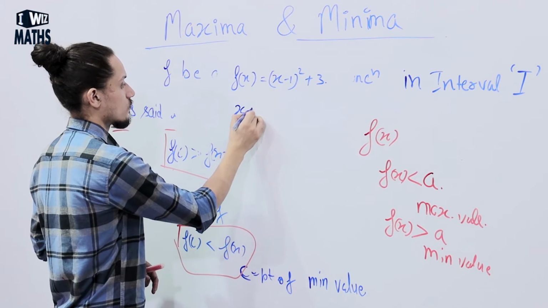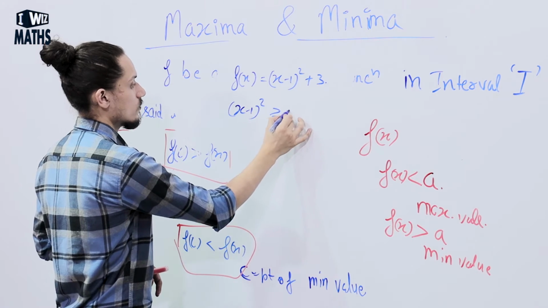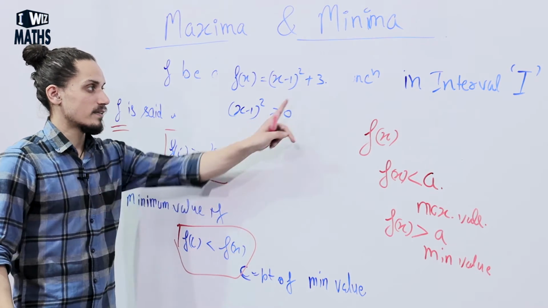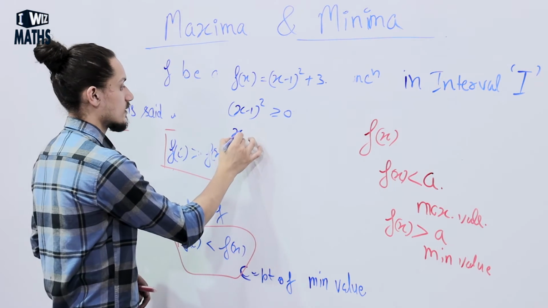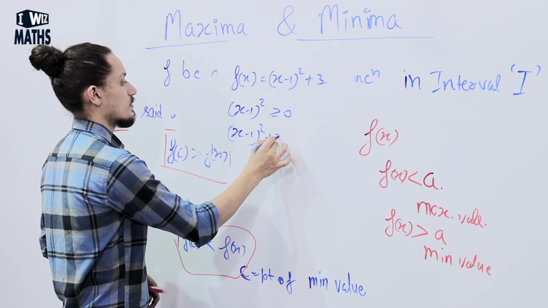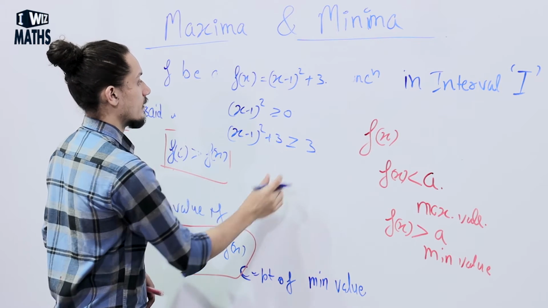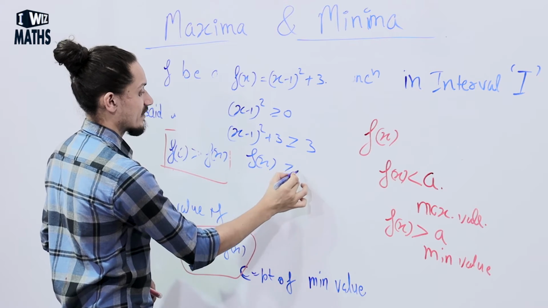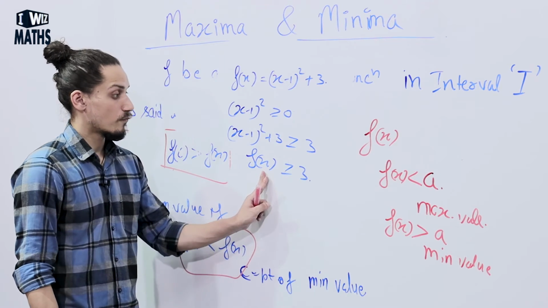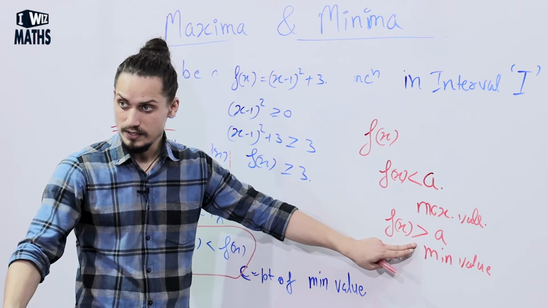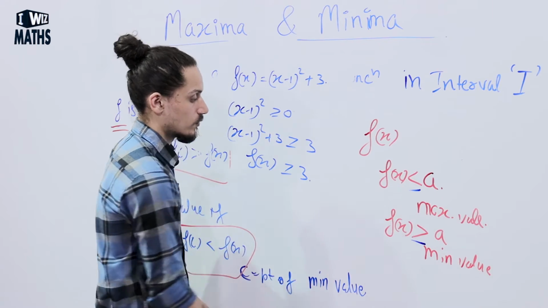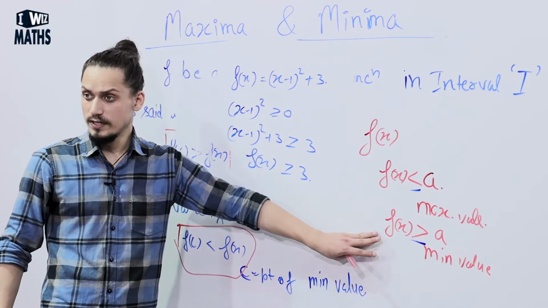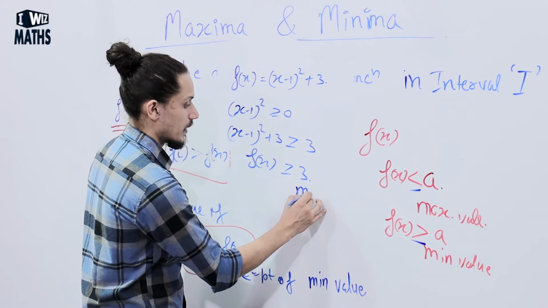So (x minus 1) square is greater than or equal to 0. Second point, if we add 3 on both sides, we get (x minus 1) square plus 3 is greater than or equal to 3. Now this whole thing is the function f of x. So f of x is greater than or equal to 3. Now if a function is greater than or equal to some constant number, then we say it has a minimum value.